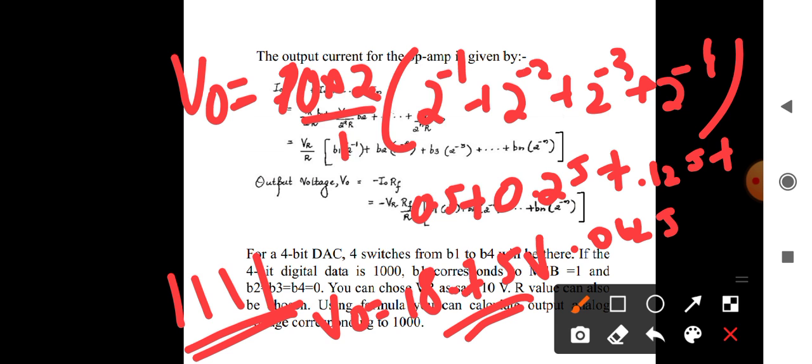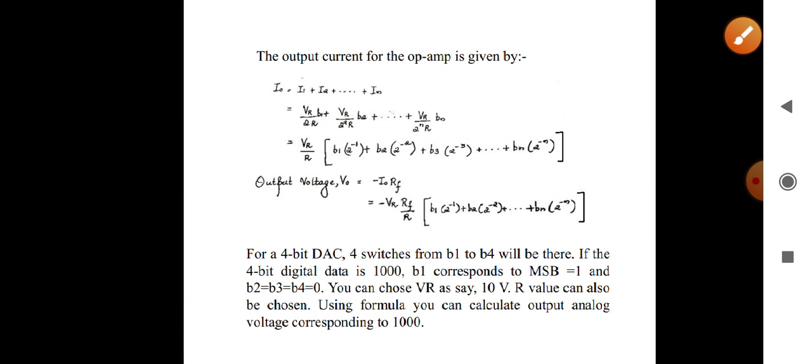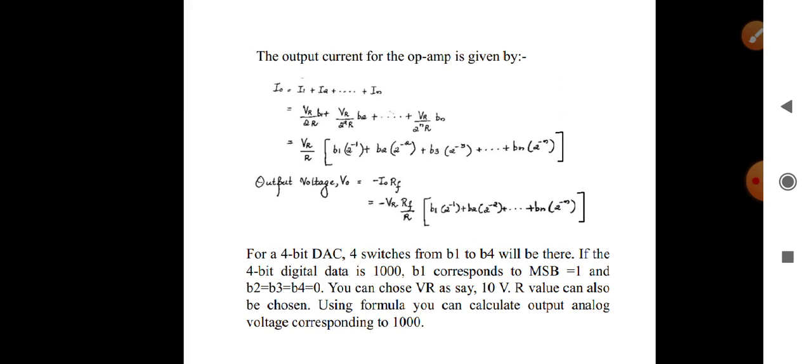So what will be the output voltage for 1010? You will be getting 12.5 volt. So similarly you will be getting the equivalent output voltage corresponding to your input binary number. So this is the principle of your digital to analog conversion.